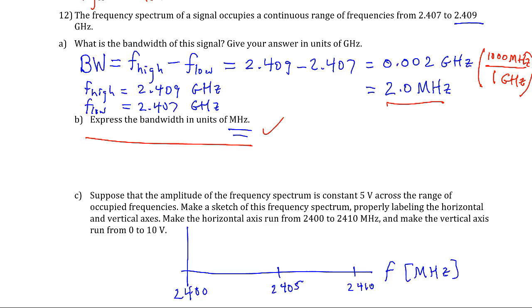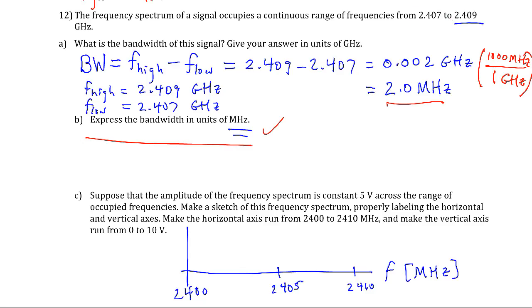I could have labeled this graph with gigahertz and gone from 2.400 to 2.405 to 2.410, but I decided to work in the 2000s and use megahertz.